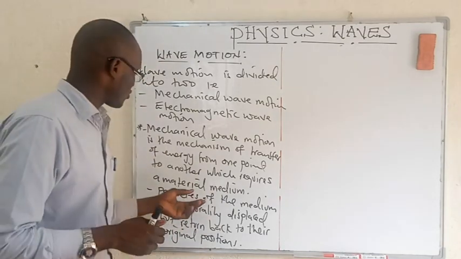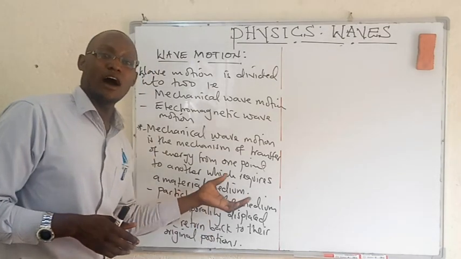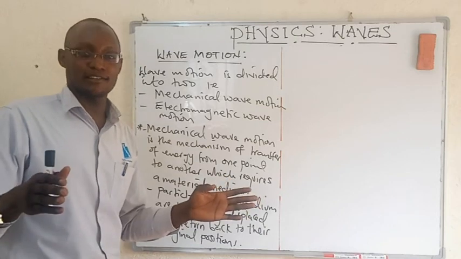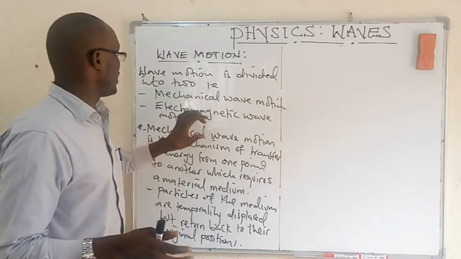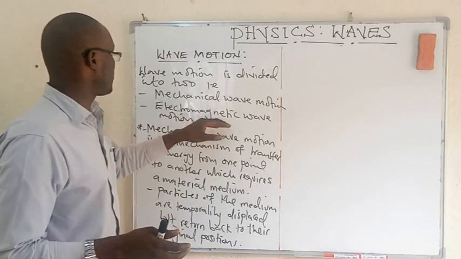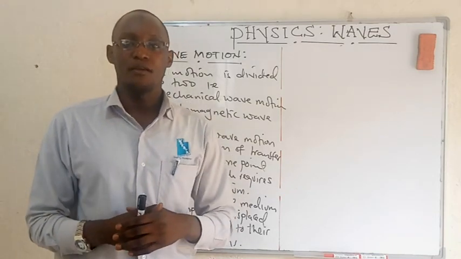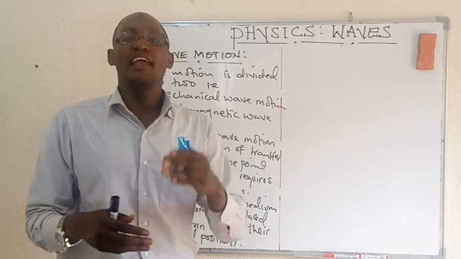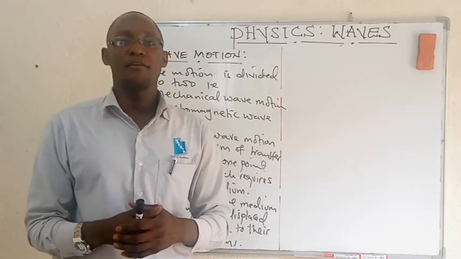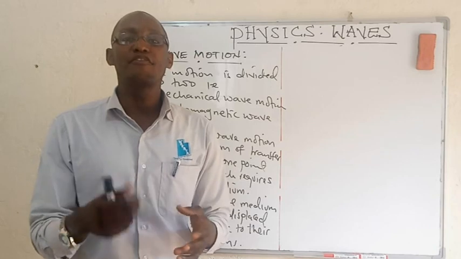We don't need a solid, we don't need a liquid, we don't need a gas for the transmission or achievement of electromagnetic wave motion. What we need is electric and magnetic vibrations of high frequency.